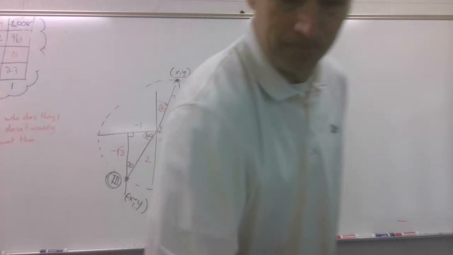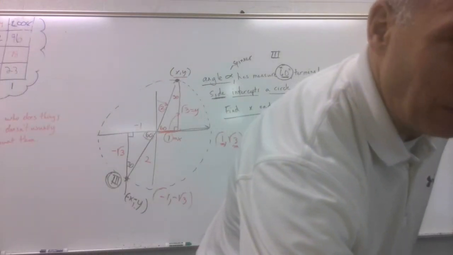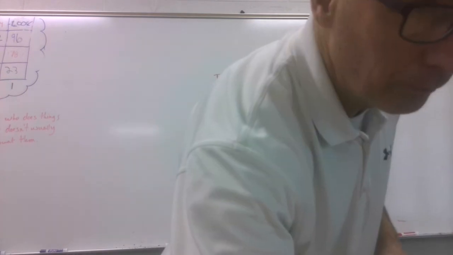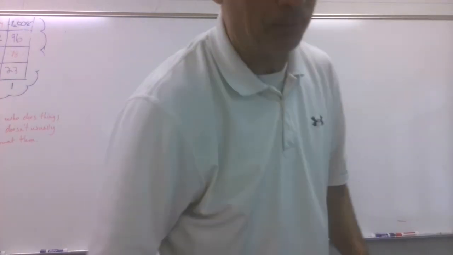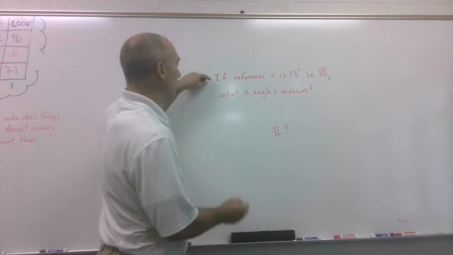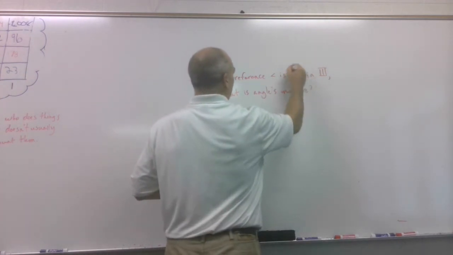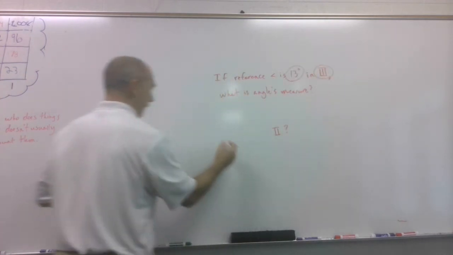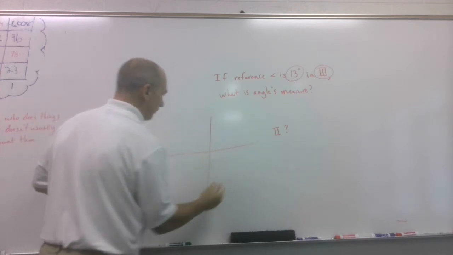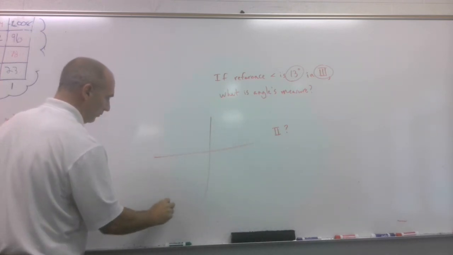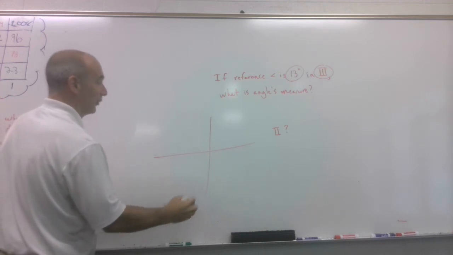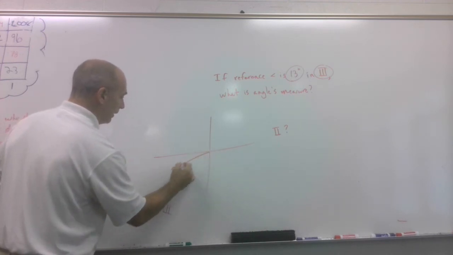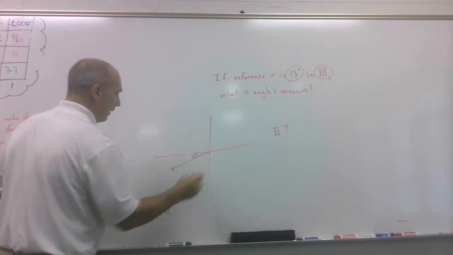Okay. There's one more problem I got to show you. Last problem in your sample problems. If the reference angle is 13 degrees in quadrant 3, all right, we better get that drawing drawn. Quadrant 1, 2, 3, it's right here. 13-degree reference angle is going to be a little shaver right there.